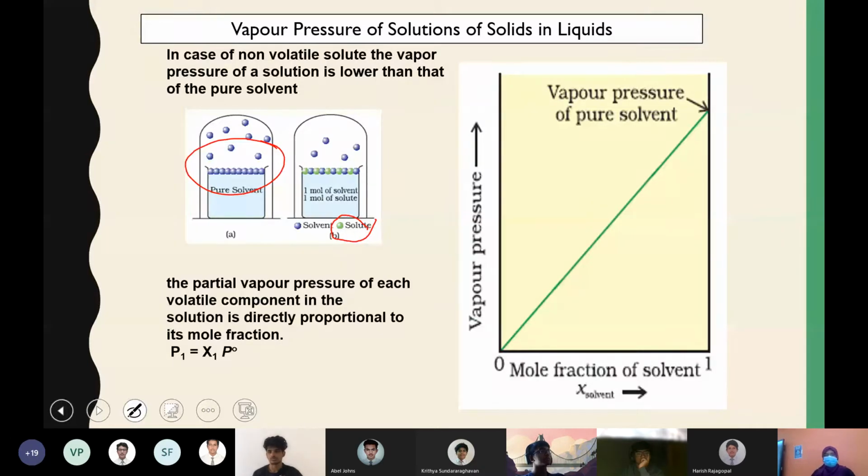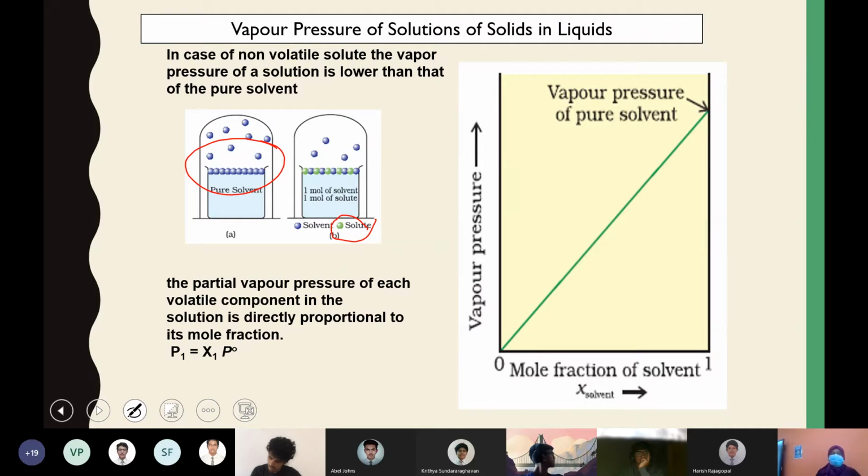But here it's not only pure solvent, there is solute also, and the solute particles will not allow more solvent particles to undergo vaporization, right? More vapors are not forming. So fewer vapors formed inside the container mean less pressure. Less pressure exerted by vapor means vapor pressure decreases.